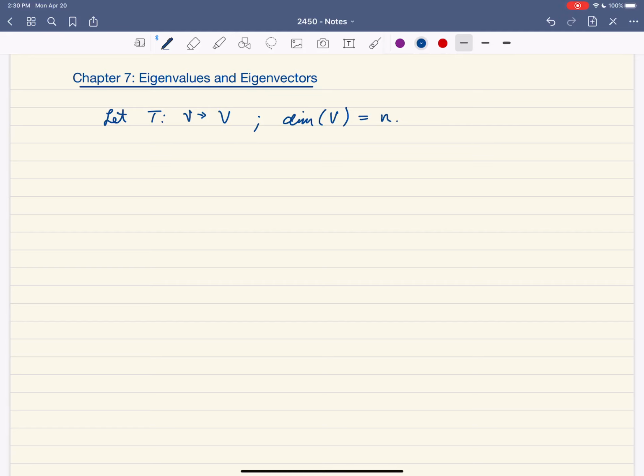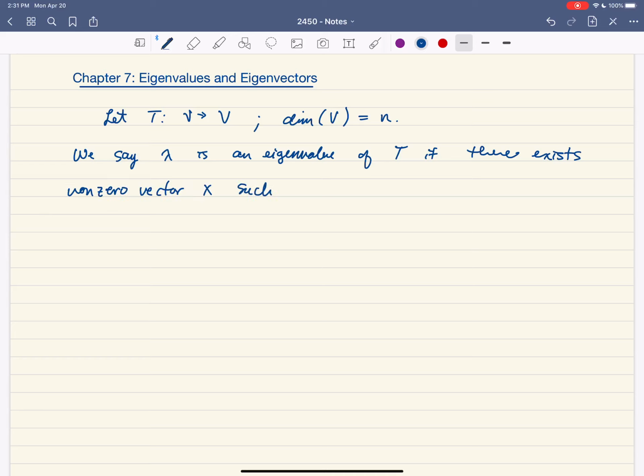And we're going to say that the value lambda is an eigenvalue of T if there exists a non-zero vector x such that T of x is equal to lambda x. Here x is called an eigenvector.